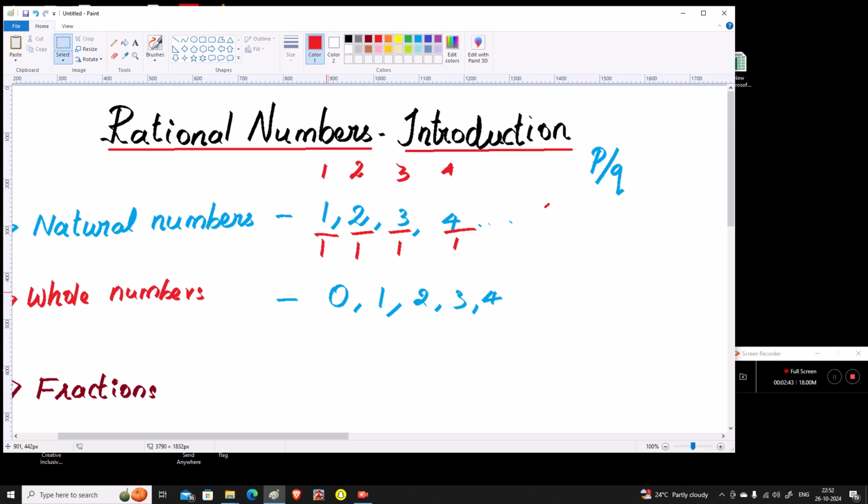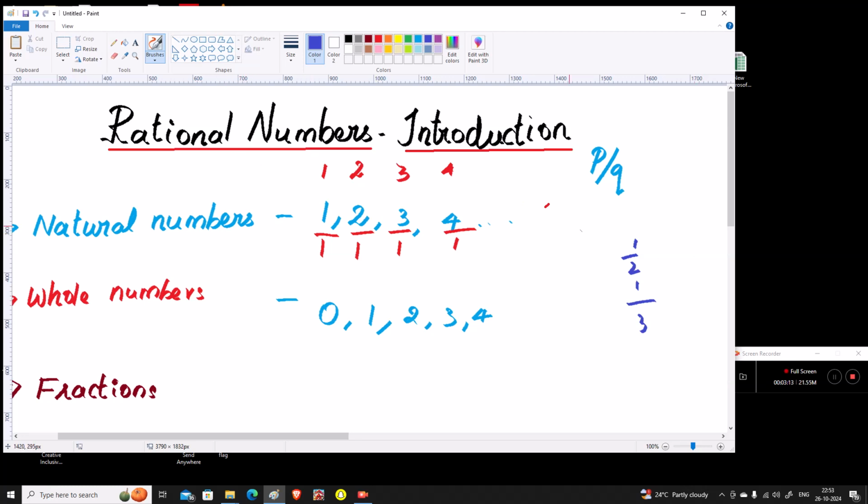So from this you understood that all the natural numbers are rational numbers because I can express them in the form p by q. That's why we have written 1 by 1, 2 by 1, 3 by 1, 4 by 1. You may have a doubt. Why, ma'am? Why don't you write 1 by 2 or 1 by 3 or 1 by 4?